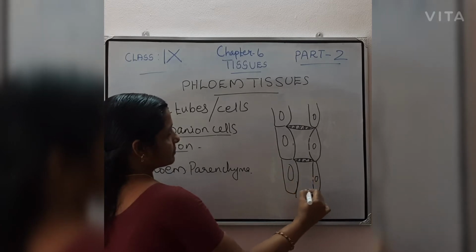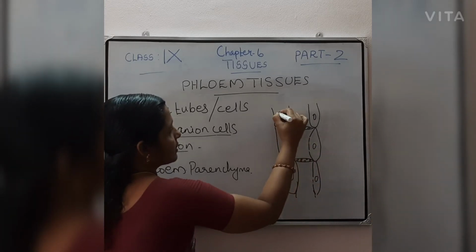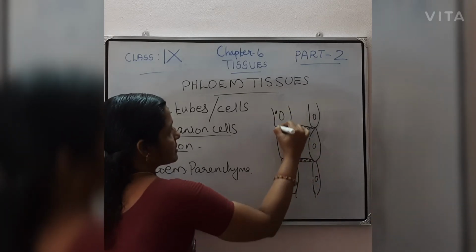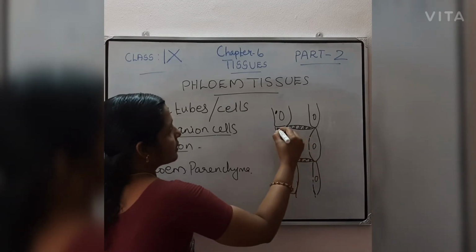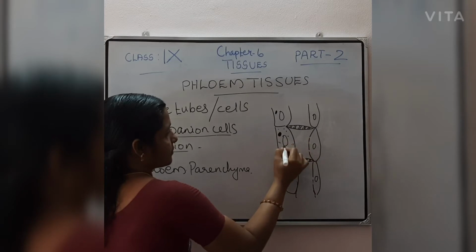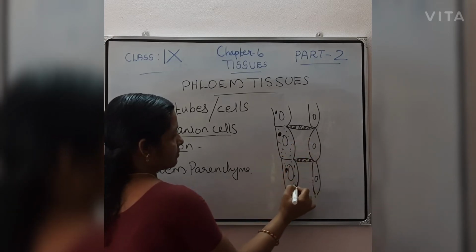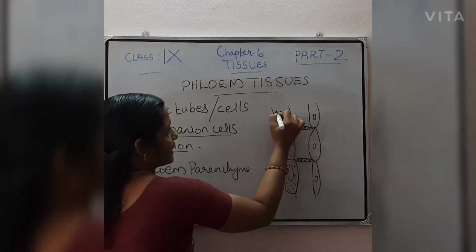Then here we can see a nucleus, then cytoplasm. These are the parts of phloem parenchyma.